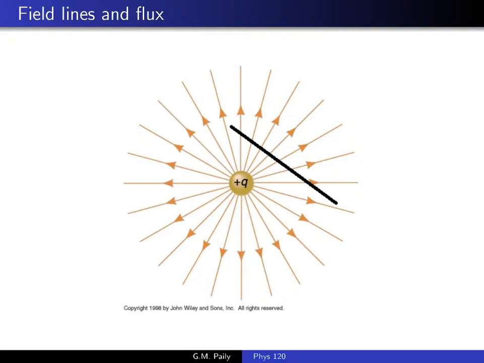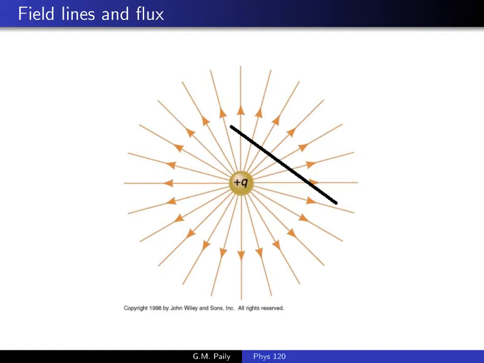Supposing we want to look at the flux passing through this surface. Now, what I've shown here is actually a surface, but we're viewing it from above, so it just looks like a line. You can imagine it as a sheet of paper being placed there, and we're looking at the number of field lines, or toothpicks if you like, piercing through it.